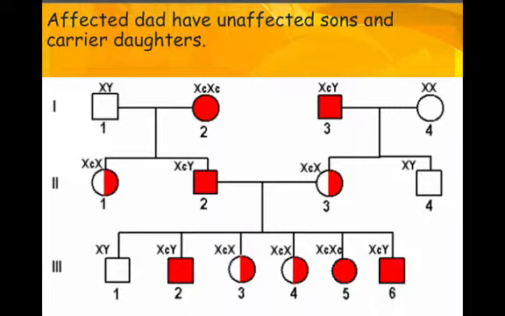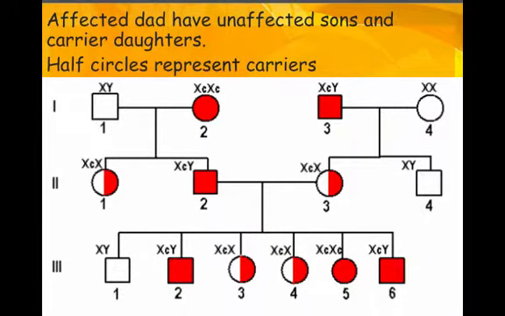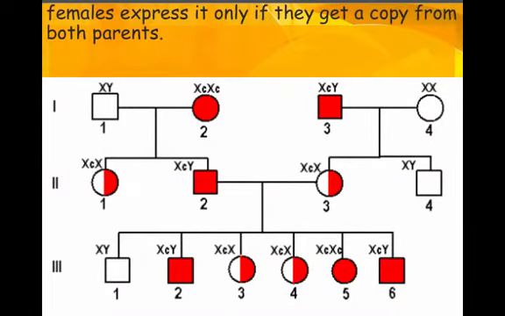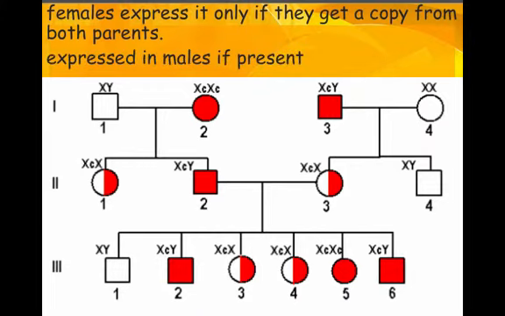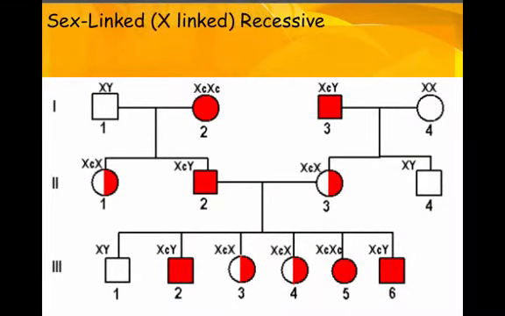Affected dads have unaffected sons and carrier daughters. The half circle, again, represents the carriers. So females express it only if they get a copy from both parents, and it's expressed in males if present. That tells me that it is a sex-linked trait and it's recessive.